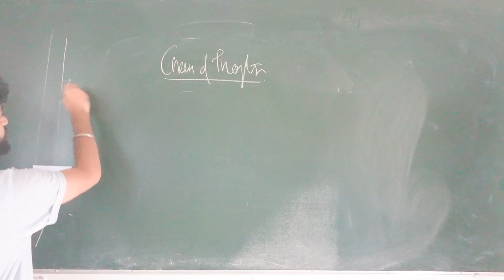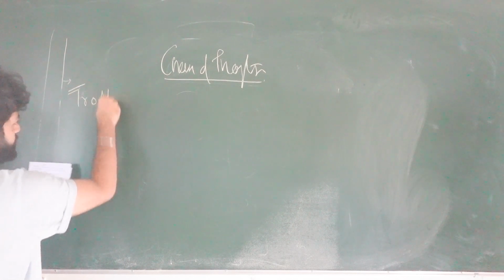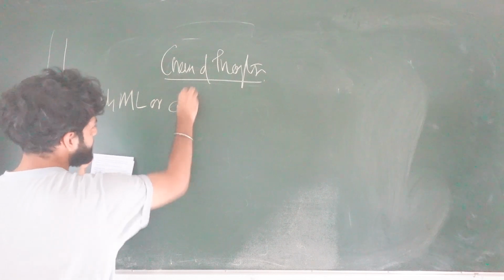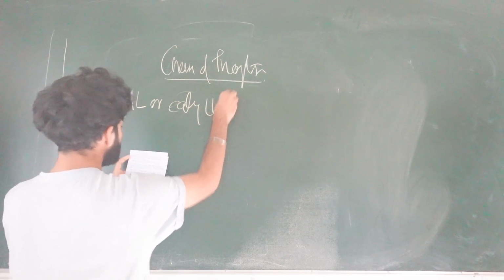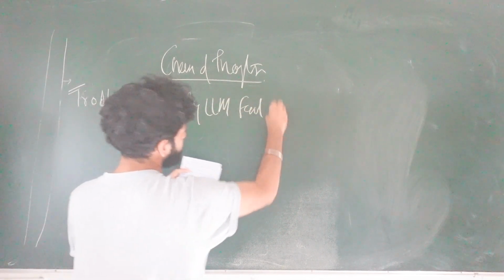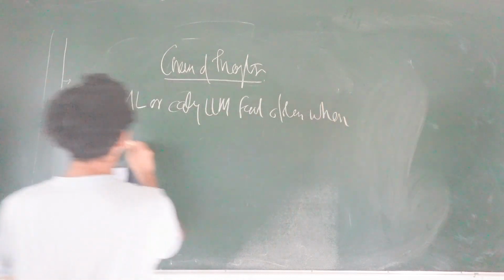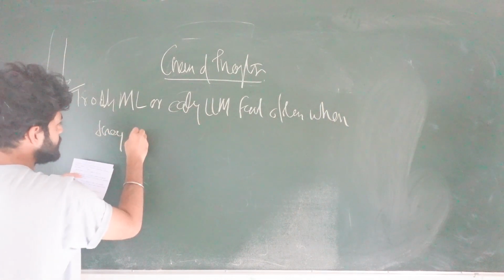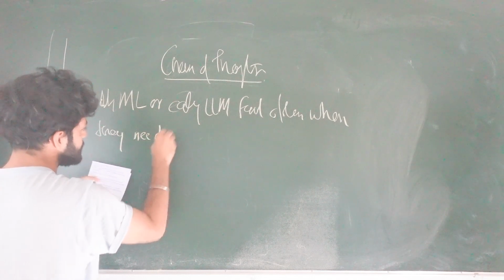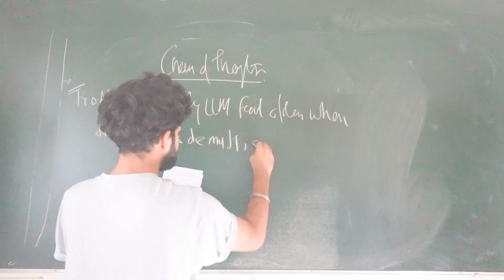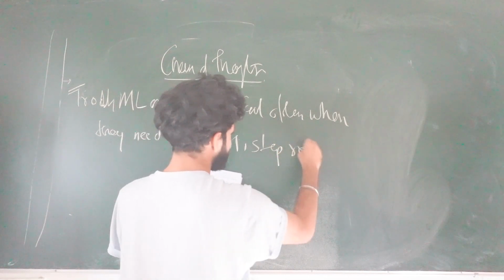Traditional machine learning models, or even some early large language models, often fail when they need to do multi-step reasoning.